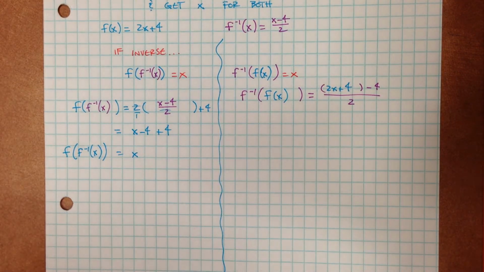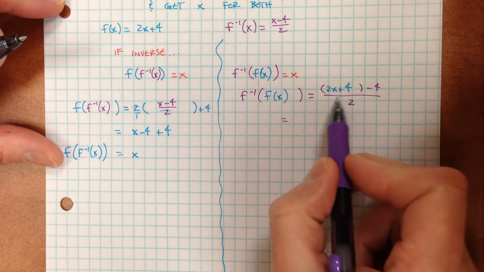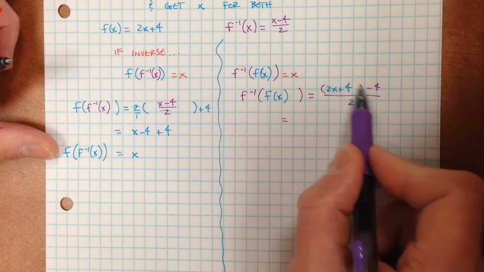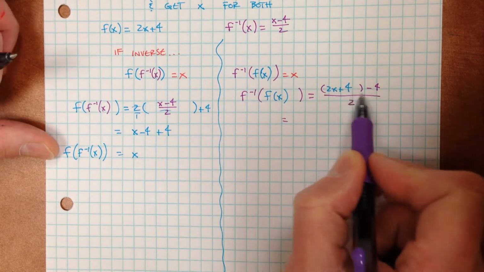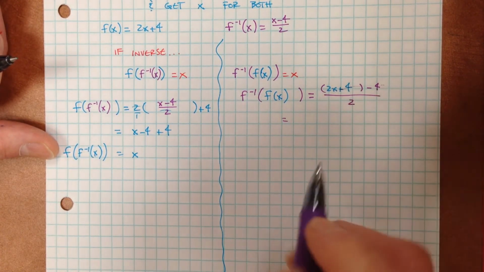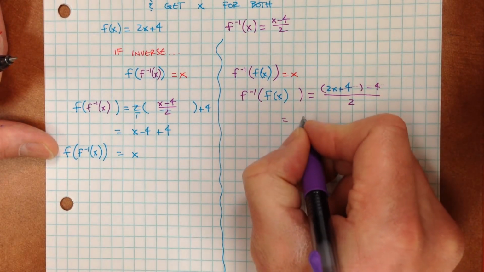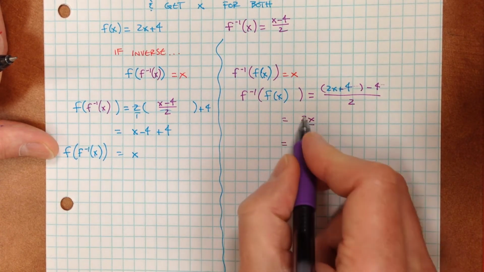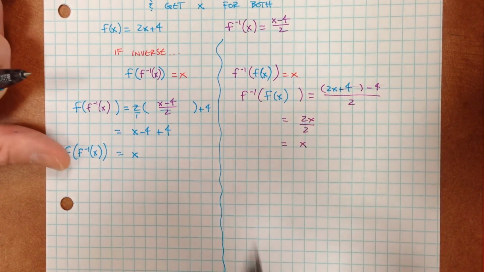So if we were to clean this up, first you're going to deal with your numerator, 2x plus 4 minus 4. Okay, if you were to distribute that invisible 1, your parentheses would drop. So those positive and negative 4's would cancel, and you would be left with 2x over 2. Breaking it down further, the 2's will cancel, and you are left with x.